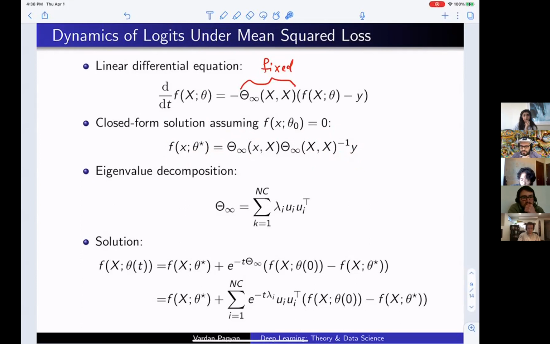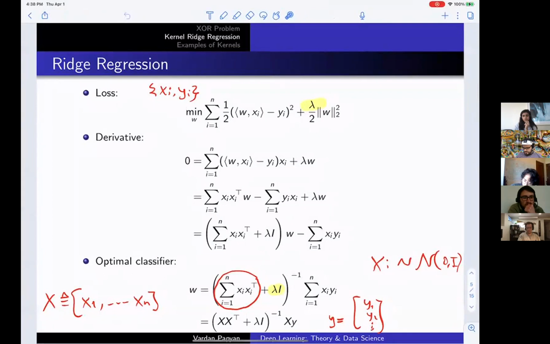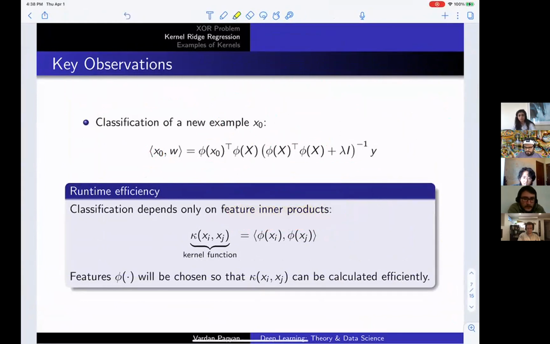Tristan is very much correct. This looks like the classifier for kernel methods in machine learning. So let us do a brief jump to an introduction to kernel methods. Look at this equation.